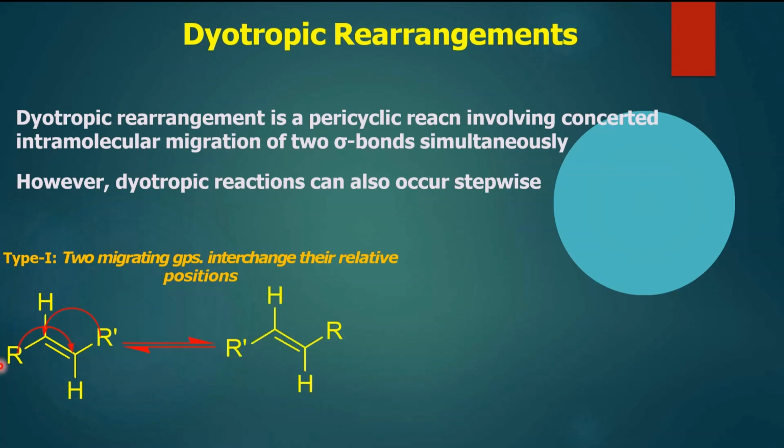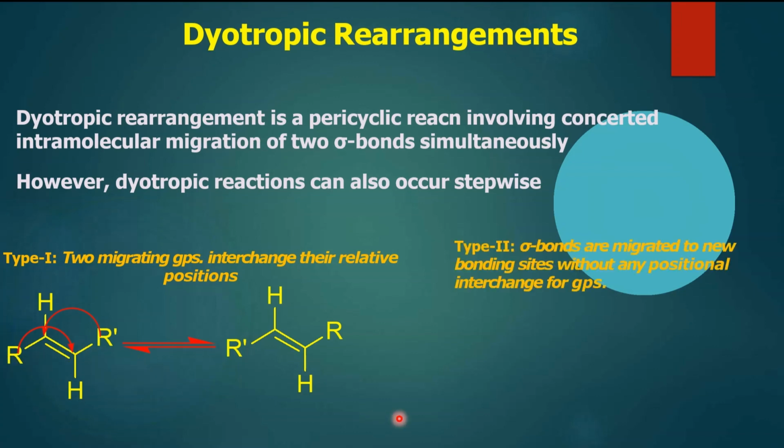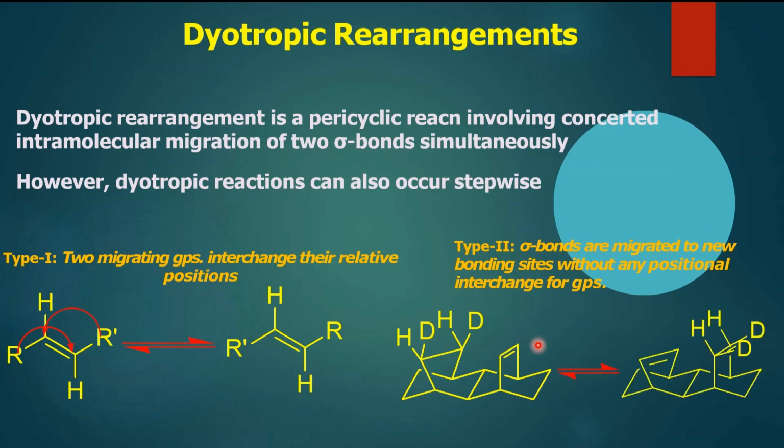Two groups migrate to the opposite positions. In the other type, there is no exchange of position of the groups. The CH and CD bond at this position gets shifted to the next position.